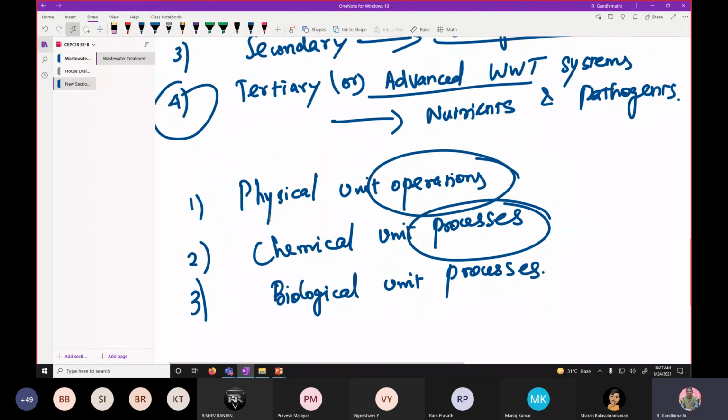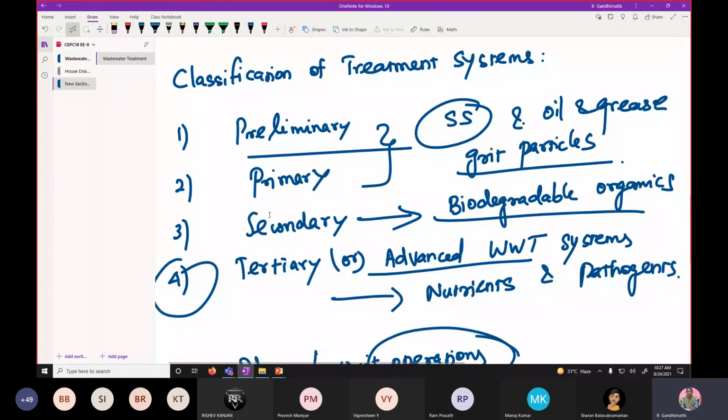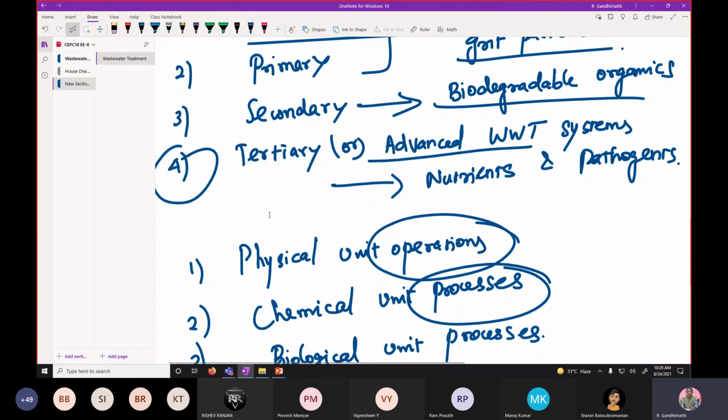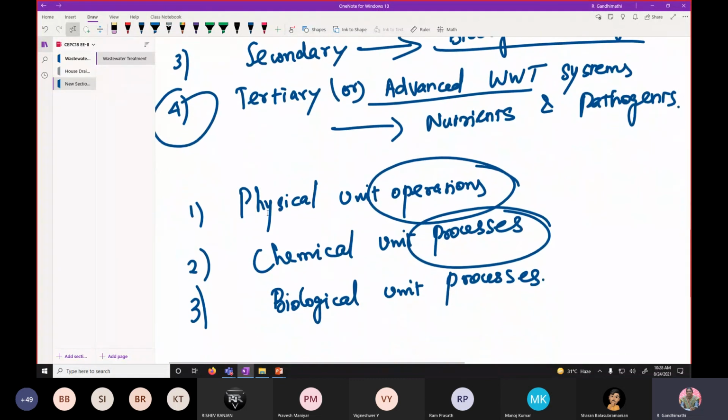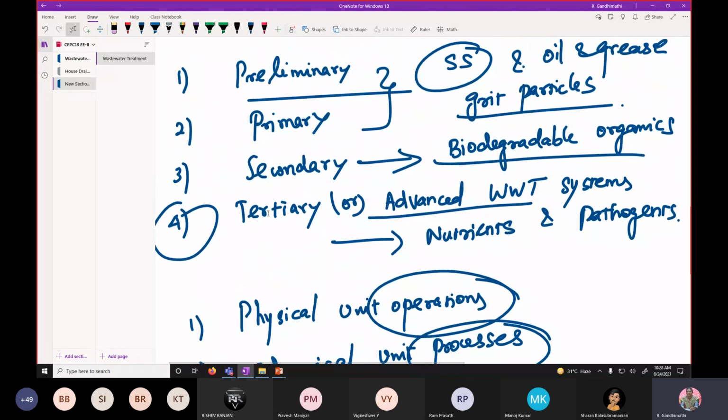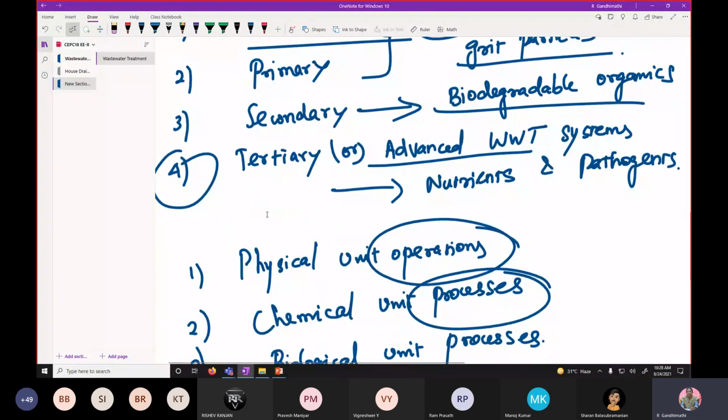Therefore, in the preliminary, primary, secondary and advanced treatment systems, in the preliminary and primary you can expect physical unit operations as well as chemical unit processes. The secondary is the removal of biodegradable organics; the name itself implies that most of the biodegradable organics are removed by microorganisms.